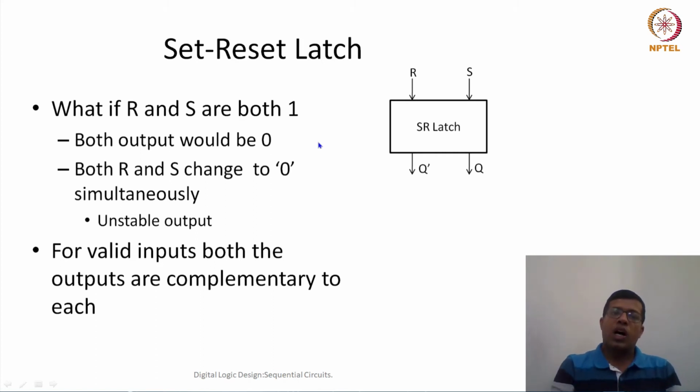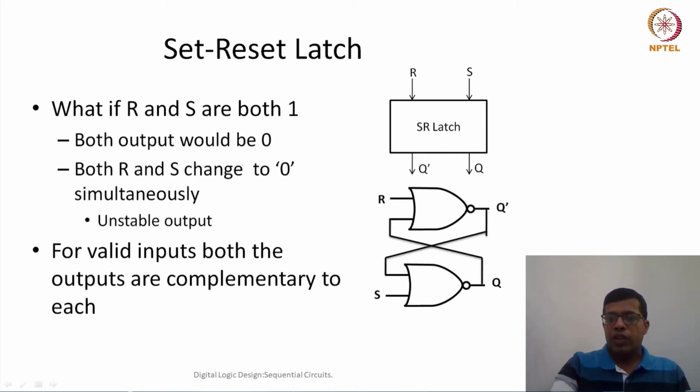Now when both R and S are 1, there are two interesting observations. One, when R and S both are equal to 1, because it is a NOR gate, it will make sure that Q as well as Q bar both will be equal to 0.